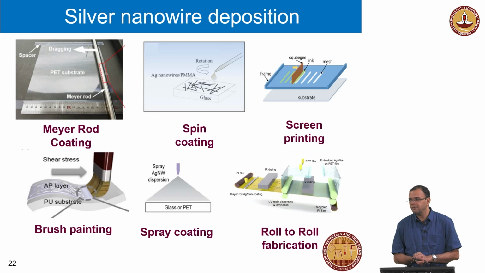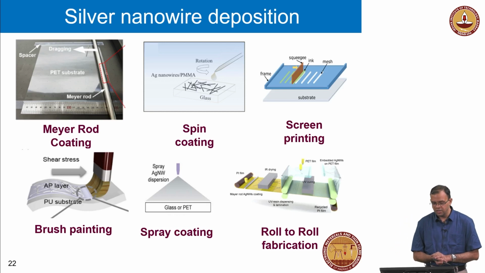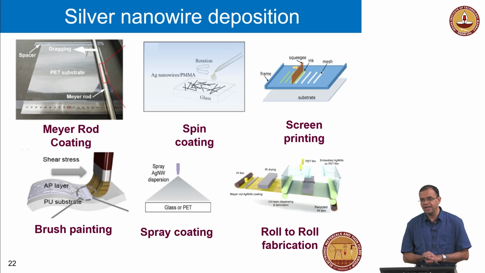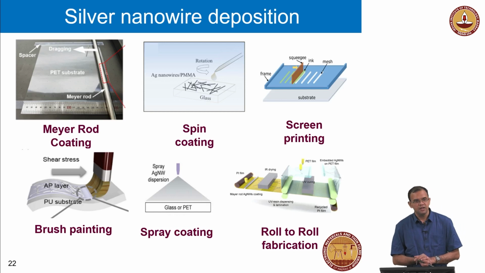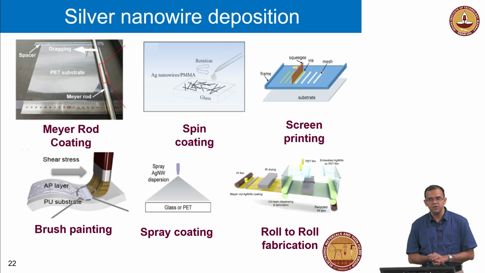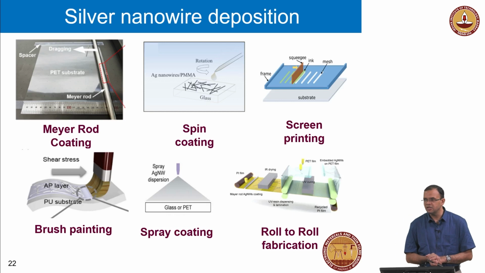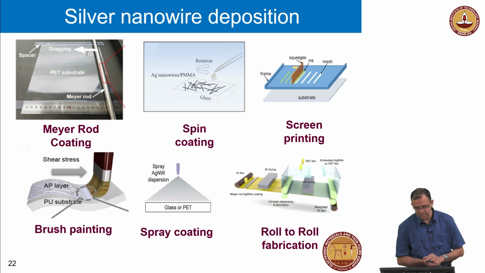I'm sure most labs have a spin coating system. You can do screen printing, which allows you to make electrodes, especially for solar cells. When people talk about silver electrodes, they do those by screen printing, but those are silver nanoparticles, not nanowires. You could do brush printing, spray coating, roll to roll fabrication. So a variety of techniques are available.